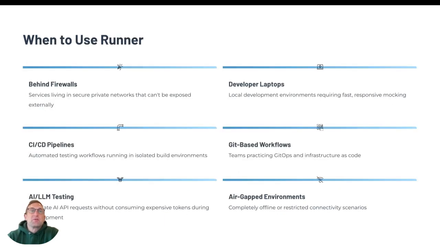So when would you use Runner? When you're behind firewalls, you'd use it in CI/CD pipelines, on developer laptops, in Git-based workflows. Completely air-gapped environments are a good use case for Runner. And the classic AI LLM testing is another use case for using Runner, when you want to avoid hallucinations from your AI LLM endpoints.